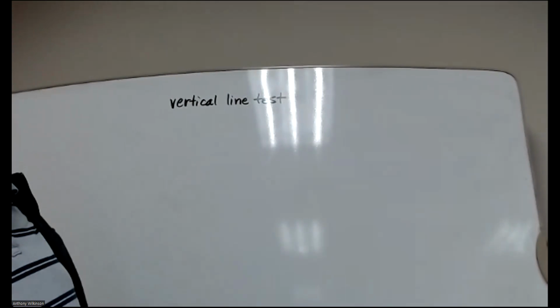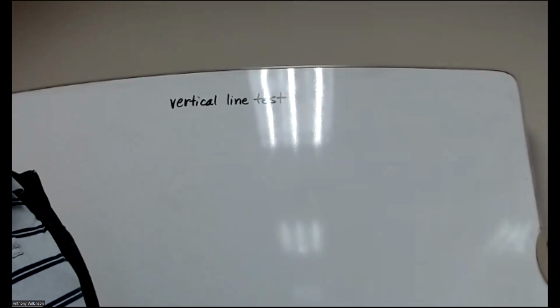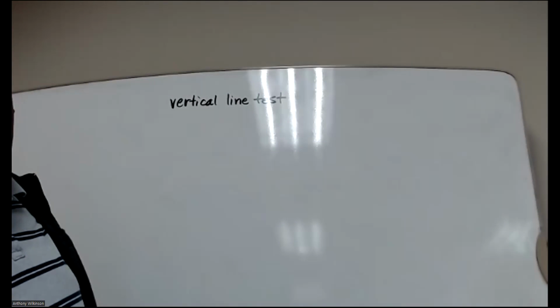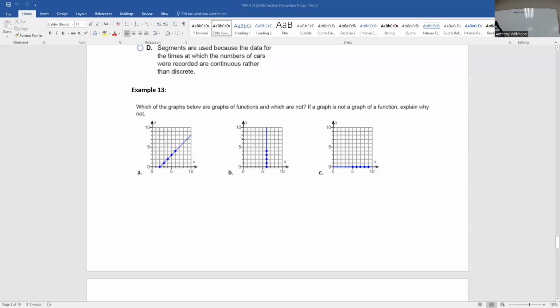So going back to that graph in example 13, graph B would fail that vertical line test, okay? Because the line will cross the graph in more than one place, whereas A and C would pass the vertical line test, because you're only going to have that vertical line crossing the graph at only one place.